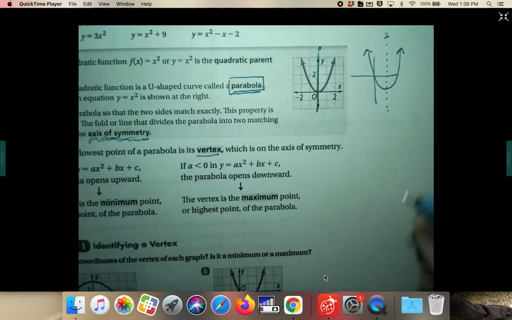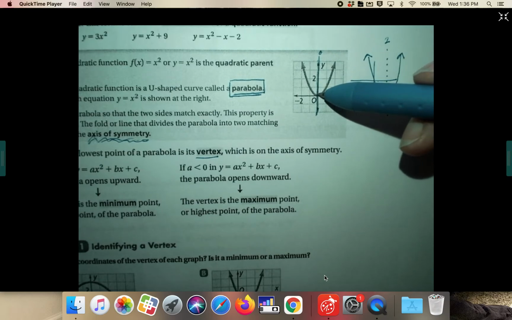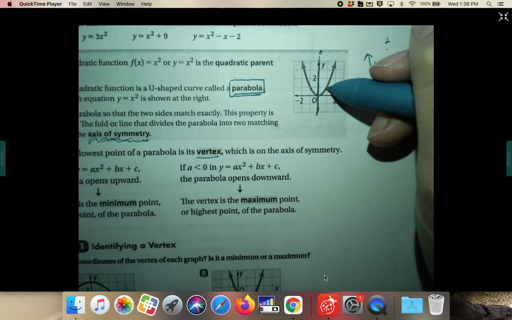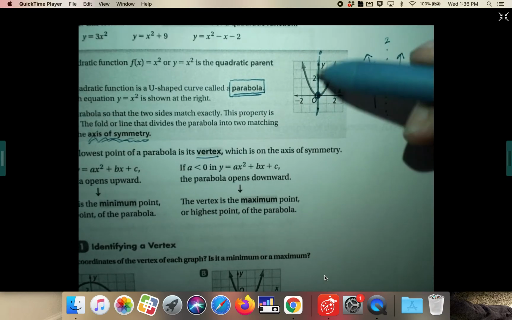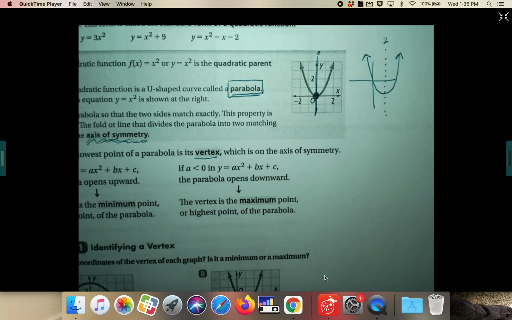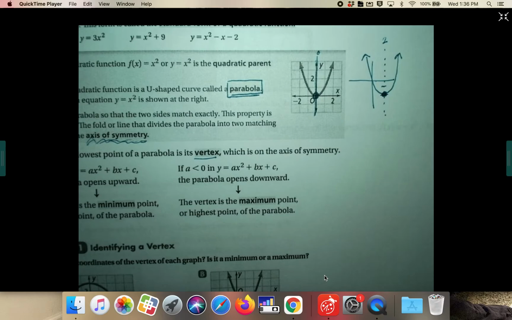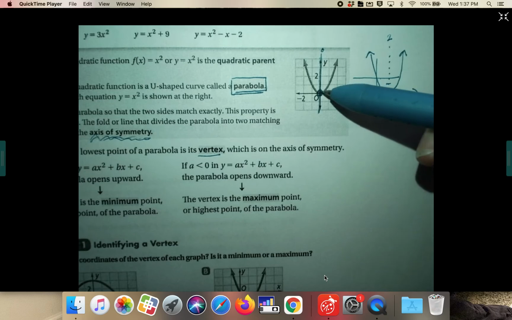A vertex is the lowest point before it makes the curve and starts to turn the other direction. In this case, the origin is the vertex, and in this case where I just made this up, the vertex is a little bit lower. It might be down at -2 or something like that. Really, a vertex is going to have a coordinate, like an ordered pair, and this one would be 0, 0.